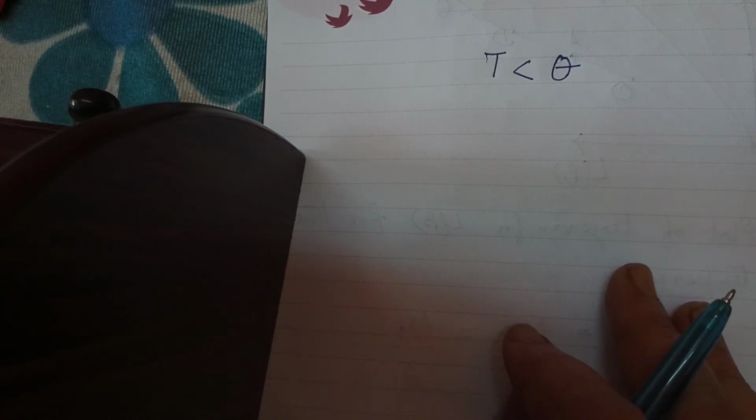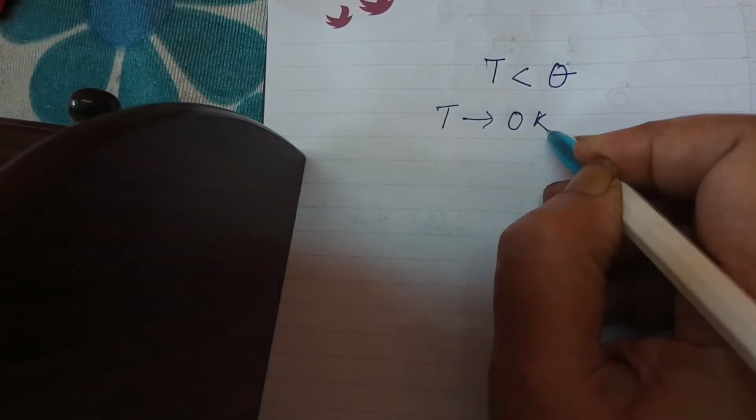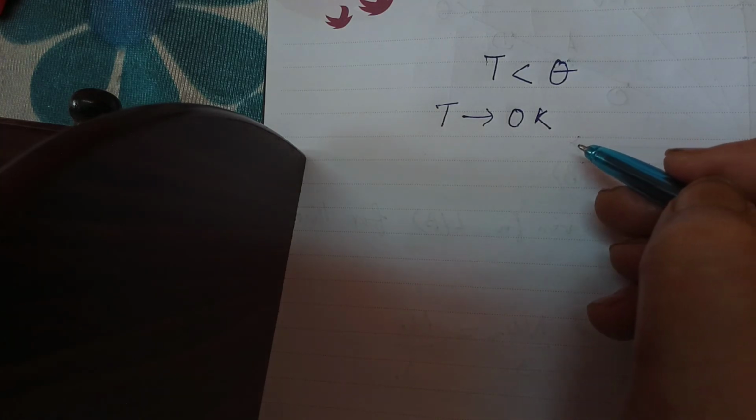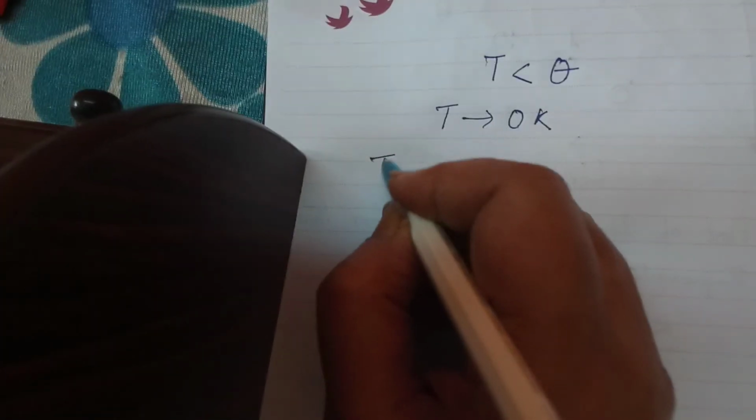It is spontaneously magnetized to a degree depending upon the temperature. The magnetization approaches the saturation value as the temperature approaches 0 Kelvin. Above the Curie point theta, spontaneous magnetization does not occur and ferromagnetic material transforms to paramagnetic material.